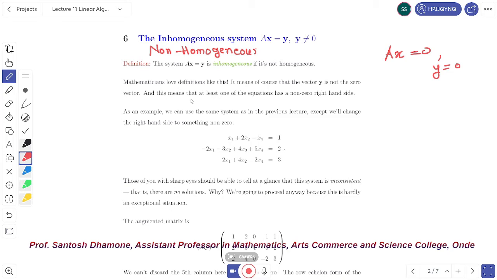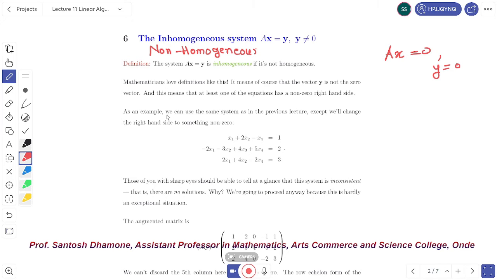This means that at least one of the equations has a non-zero right hand side. In a system of linear equations, at least one equation has a right hand side not equal to 0.